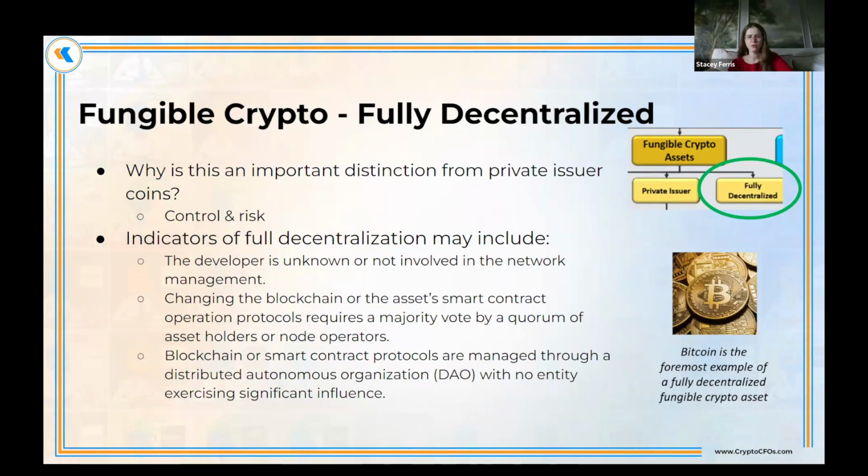So moving back to fully decentralized, this matters because of control and risk, right? A private issuer coin has more control by a third party over that coin, and so the risk of those coins is higher. The risk of Bitcoin, although it is a volatile asset, of any party being able to unilaterally come in and make changes to the protocols that run the Bitcoin smart contract is a little bit lower. It's a little more difficult to push through changes.